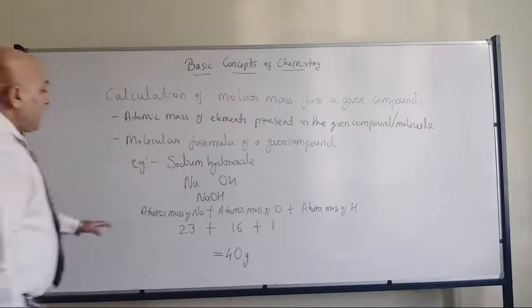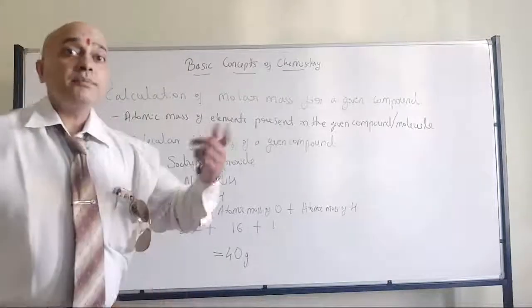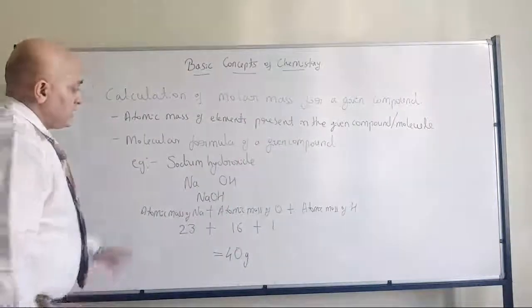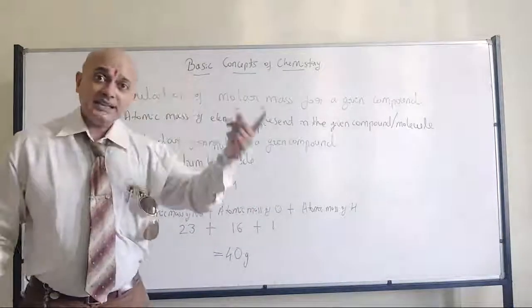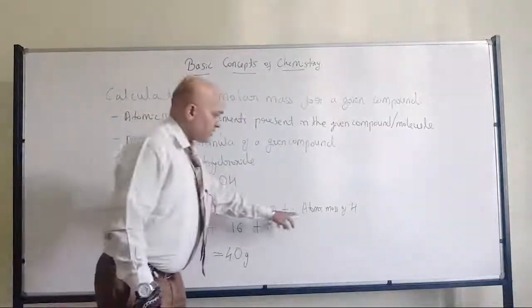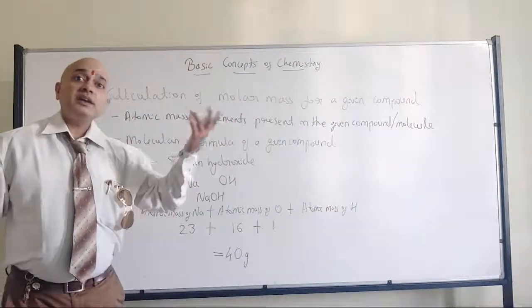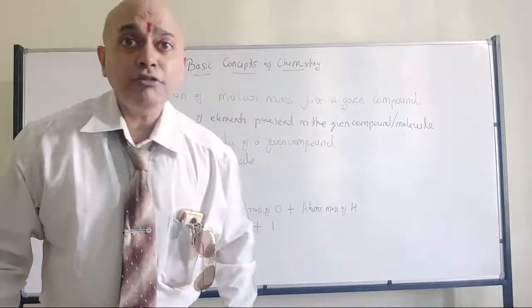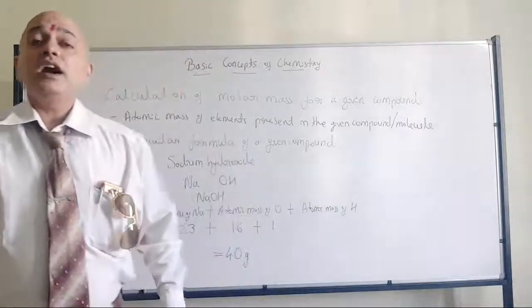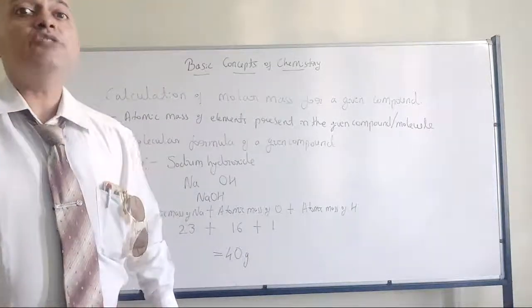So that's where I have the atomic mass of sodium 23. Atomic number is 11, no doubt. Atomic mass of oxygen is 16. Atomic number is 8, no doubt. Atomic mass of hydrogen is 1. Atomic number is also 1. So hydrogen is the only one which has atomic mass and atomic number the same, because it does not have a neutron.